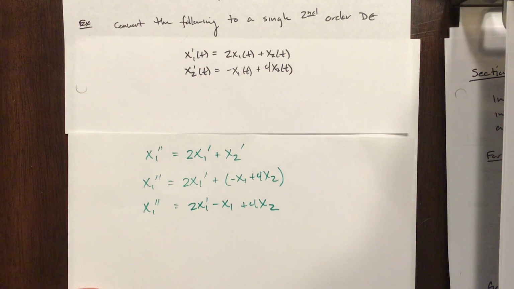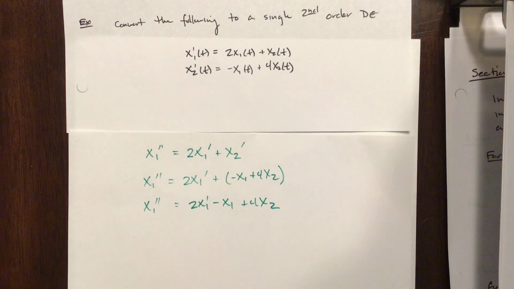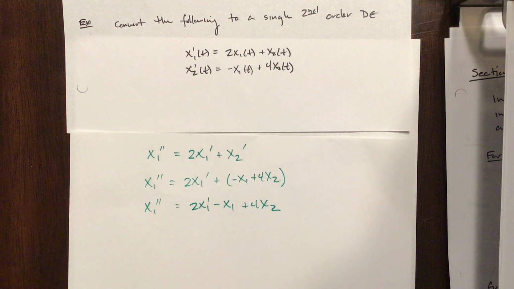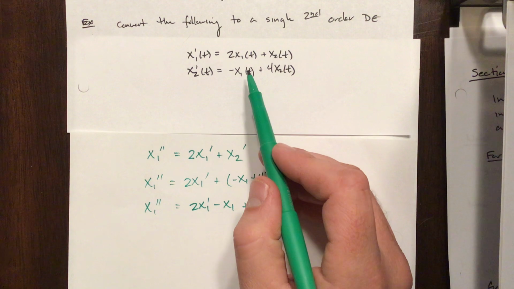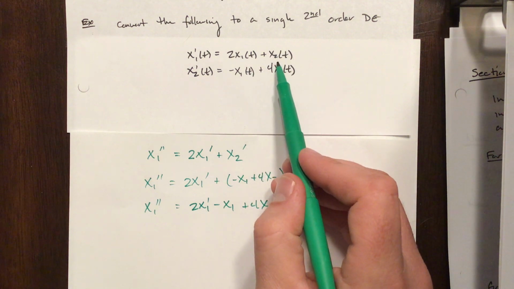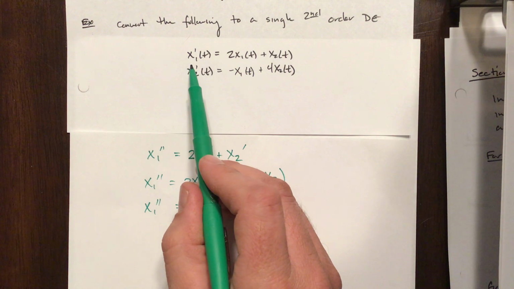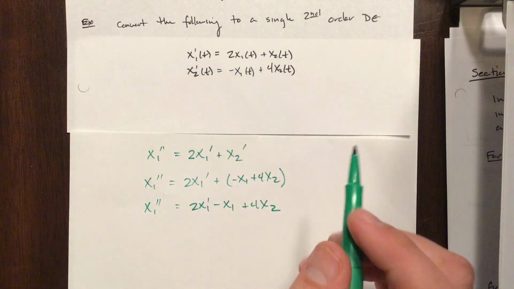Now, if we substitute x2 out of this and write this simply in terms of x1, then what we'll have is a second order differential equation of the function x1. So let's see, can I do that? Well, yeah, I can, because if you look back at the equation for x1 prime, you can see that x2 is equal to x1 prime minus 2x1.